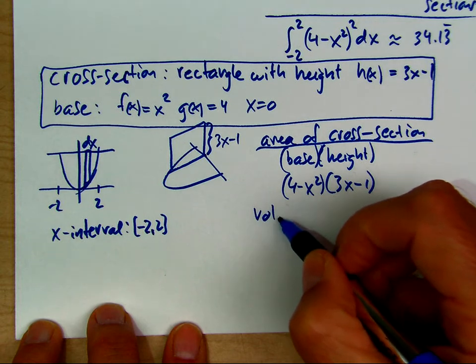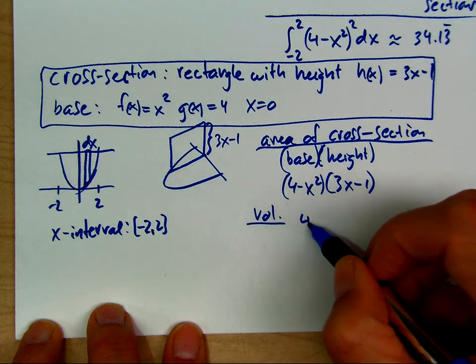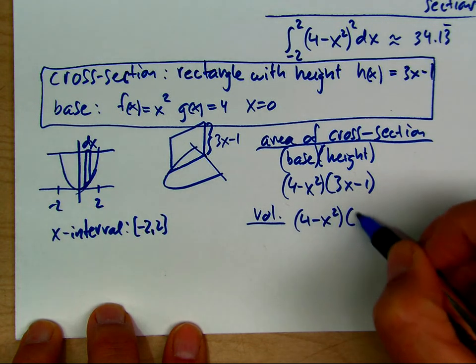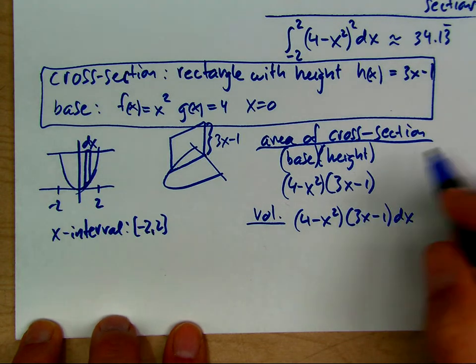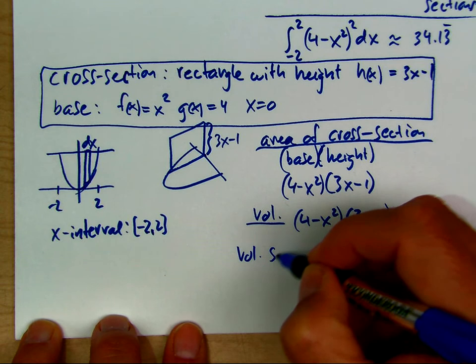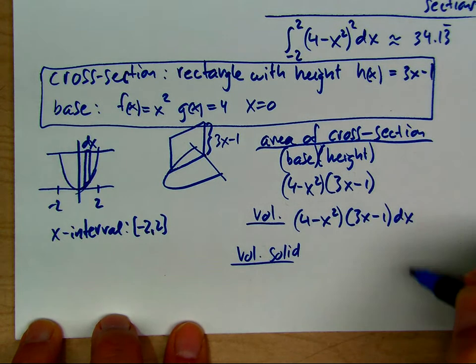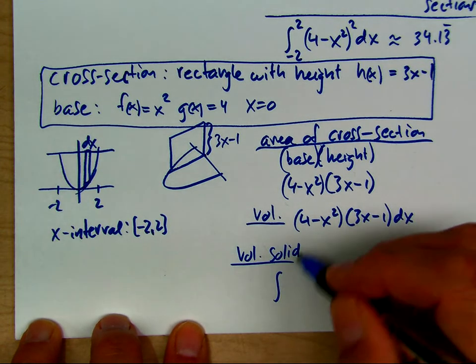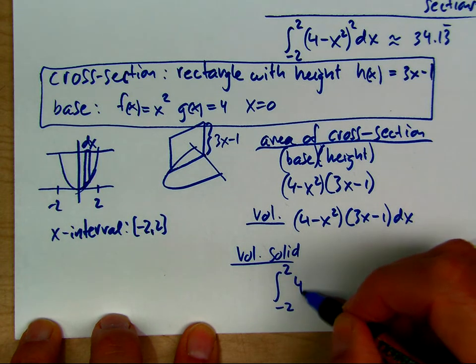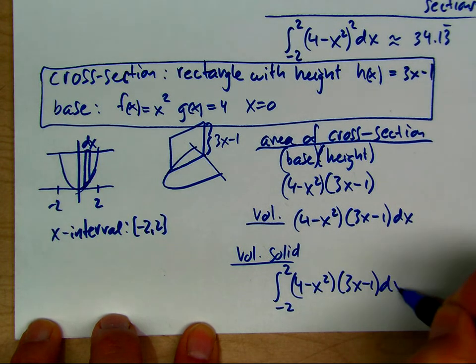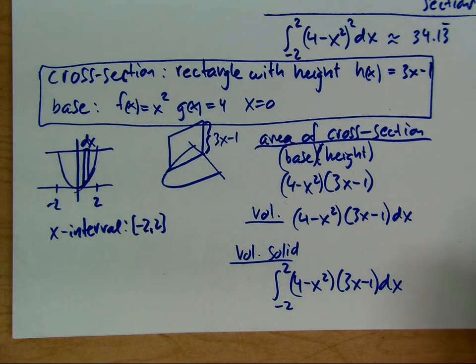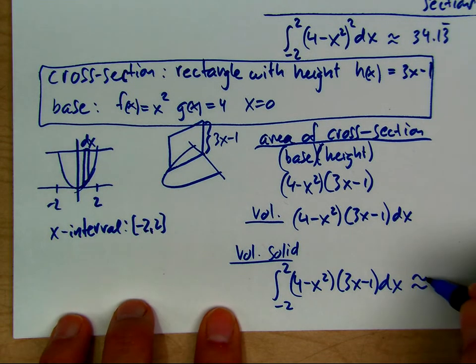The volume of a cross-section is just the area times the differential of x, and then the volume of the solid, the volume of infinite cross-sections, if we integrate from -2 to 2, and using a calculator, that should just equal 6.6.